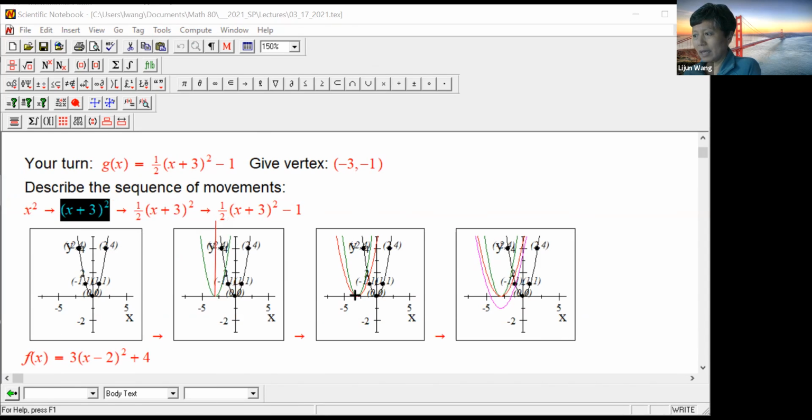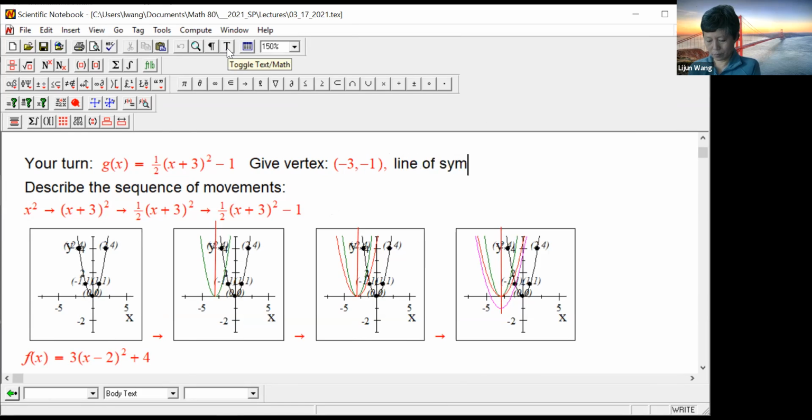We made it wider, we made it narrower, and that line of symmetry has not changed the x coordinate. So what will be the line of symmetry? -3. Let me write it down. That line of symmetry is x equals -3. Once again, on the vertex, the first number, the input, tells you the line of symmetry is x equals -3.